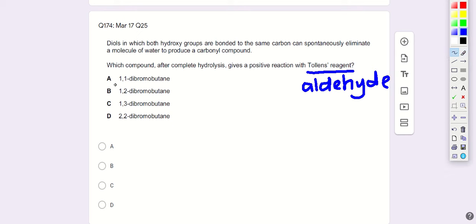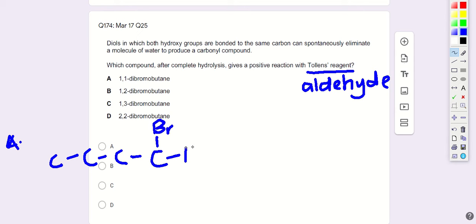So A, we have 1,1-dibromobutane, 4 carbon. Okay, A, 1,1-dibromobutane, 1, 2, 3, 4 carbon. So I'm going to put Br, okay, Br. Okay, H. The rest are alkyl groups.